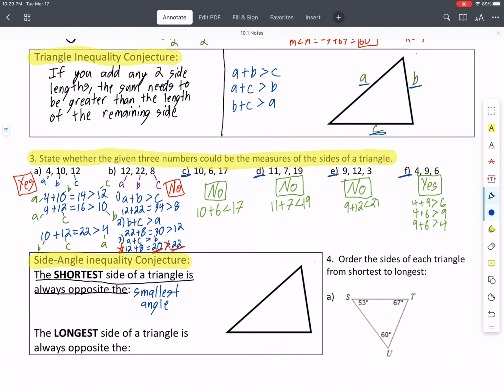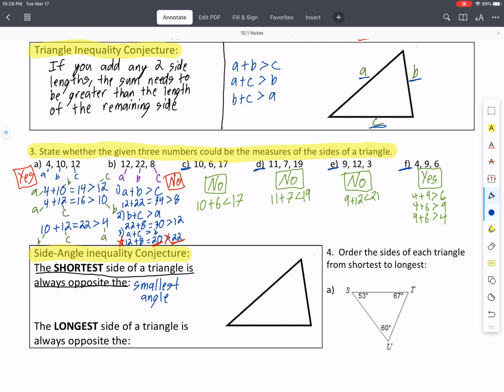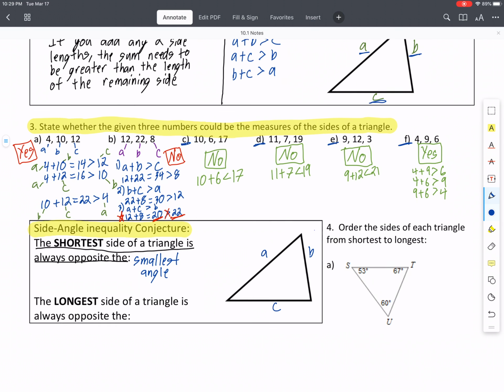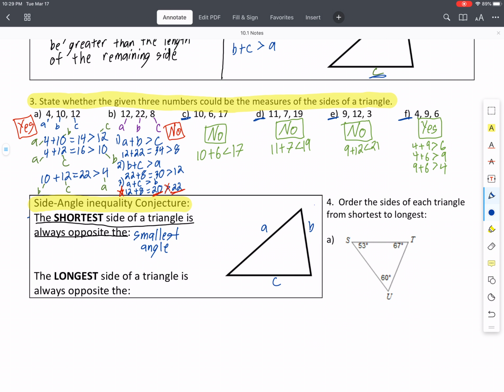So if we label this triangle as we did up here, A, B, and C, from this first little part, the shortest side of a triangle is always opposite the smallest angle. So A, B, those are definitely bigger than, A and C are definitely bigger than B. So this angle B would be the smallest angle.